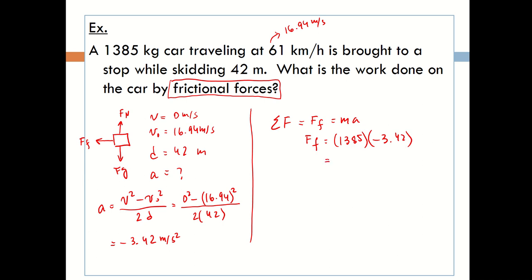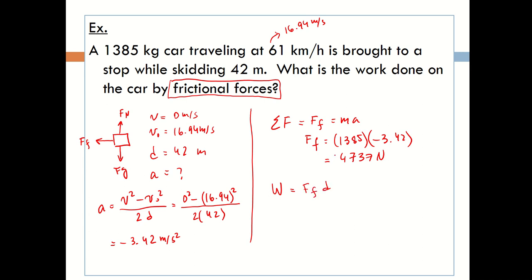And this equals negative 4,737 newtons. This is a force. So now that we know the force of friction, we can now find the work done by frictional forces. So our work equation is going to be force of friction times the distance.